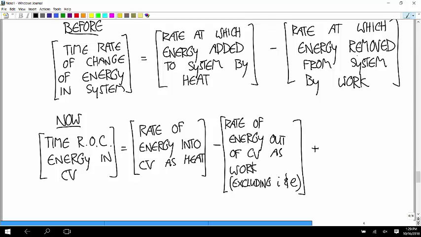Then we're going to, now this is the new thing. Basically, these are all analogous of each other.